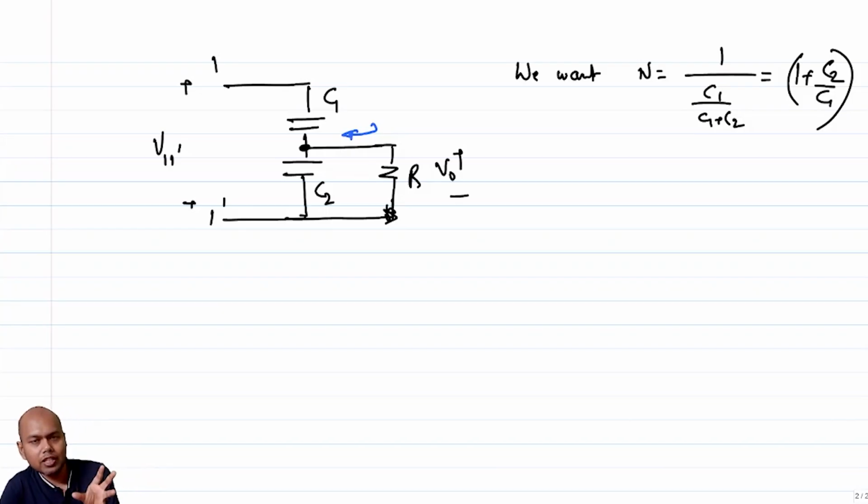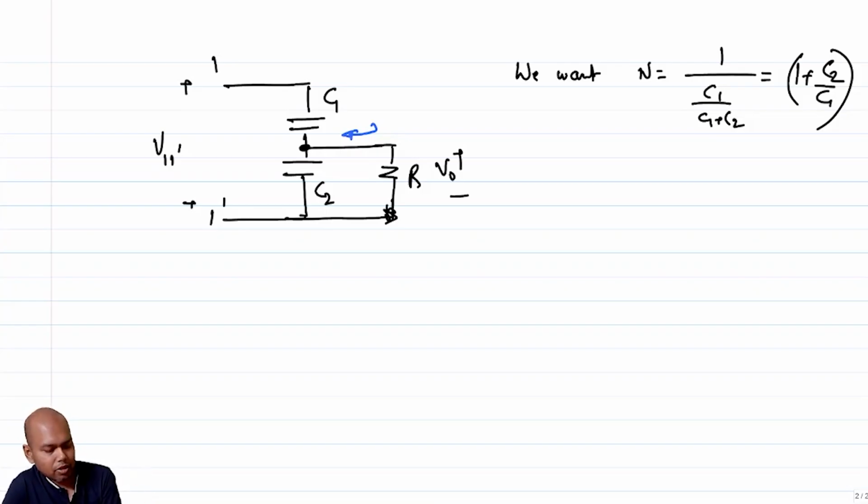If R loads the capacitive divider significantly, some current is going to get diverted to R, and then the amount of current that flows into C2 is going to reduce, and hence that division ratio will also be a function of R. And the moment the division ratio becomes a function of R, the omega will also come, because the omega exists in C1 and C2, right? So you do not want loading.